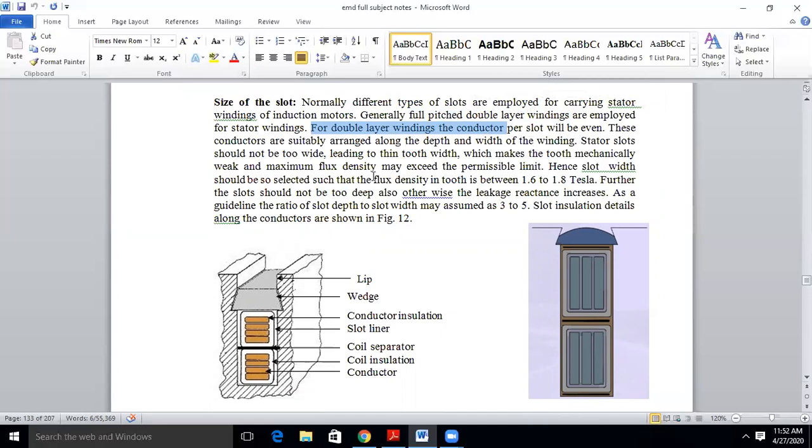Stator slots should not be too wide, leading to thin tooth width, which makes the tooth mechanically weak, and the maximum flux density may exceed the permissible limit. Hence the slot width should be selected such that the flux density in the tooth is between 1.6 and 1.8 Tesla. So this is the size of the slot.